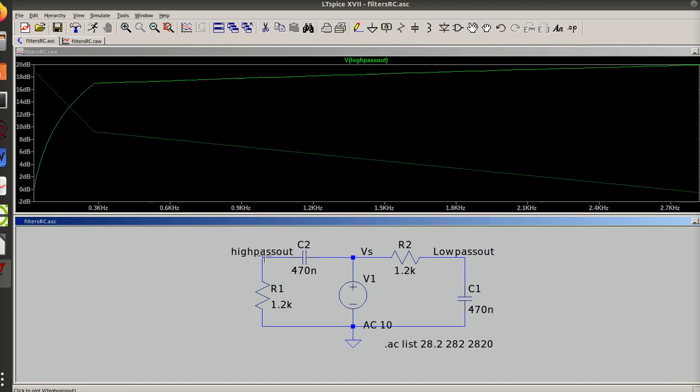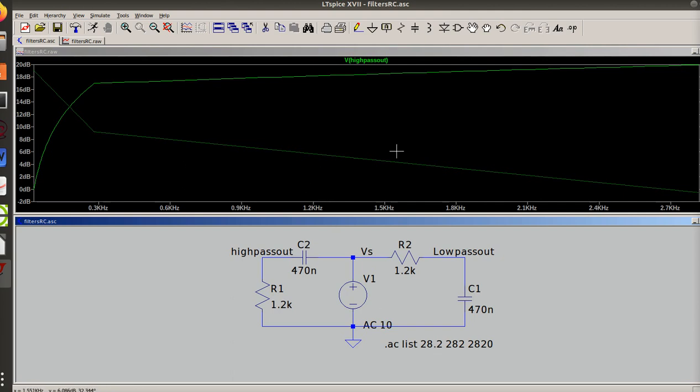So if I look at my high pass, what you see is at 282, which is about here, almost a third of a kilohertz, my output is up there, or my voltage is up there. Now it's showing a Bode plot actually, and that's because we did the 3 frequencies.